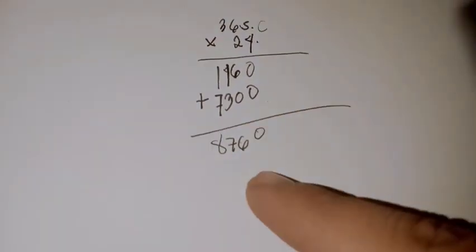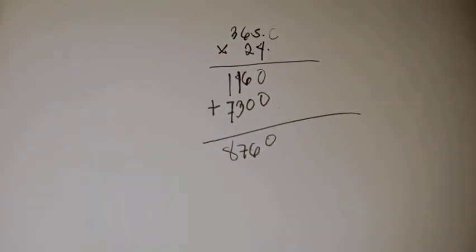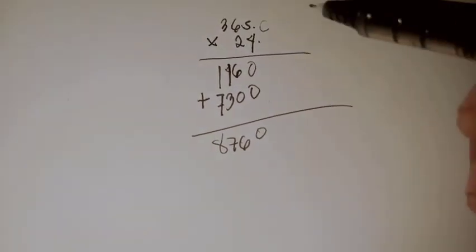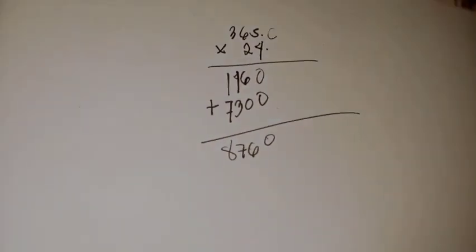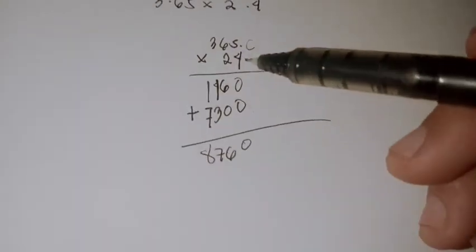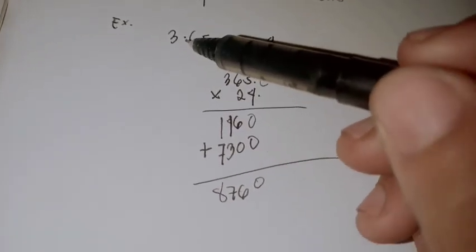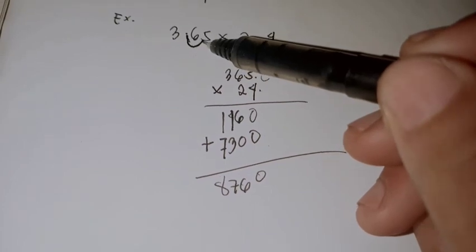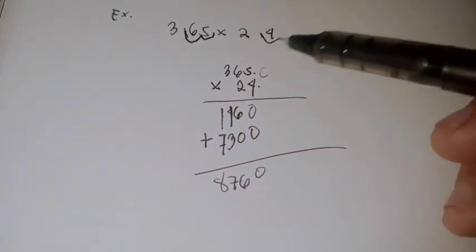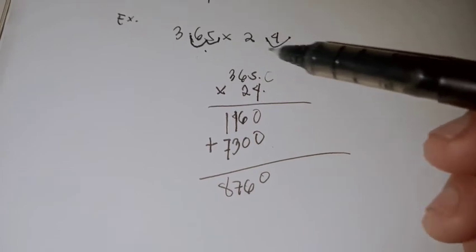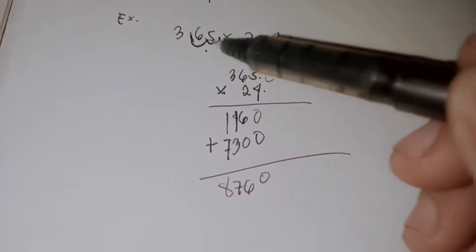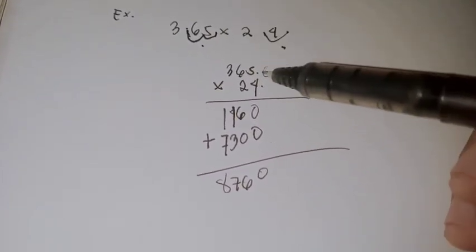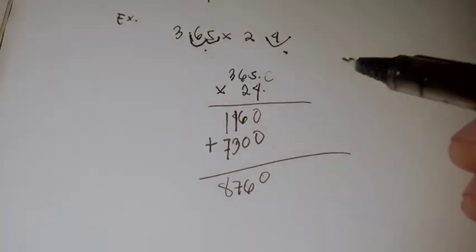So there's still something missing. We forgot the decimal point. So we'll count how many times the decimal point has moved: 1, 2, 1. So it moved 3 times.